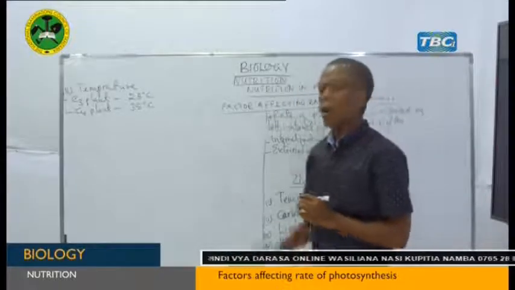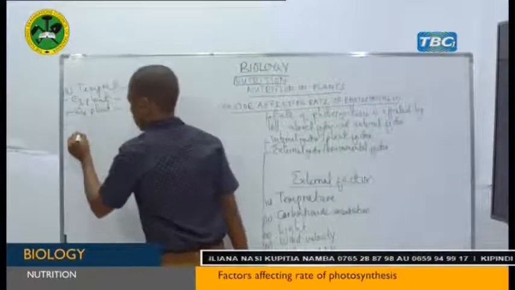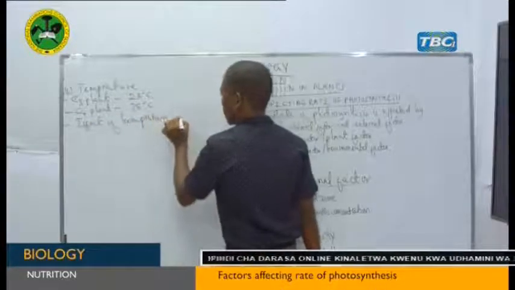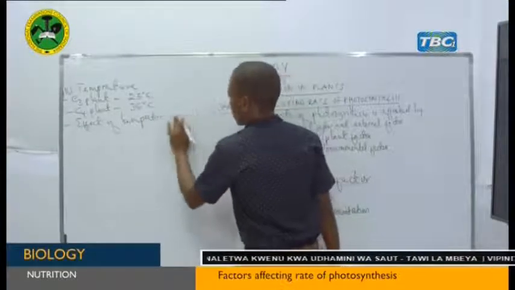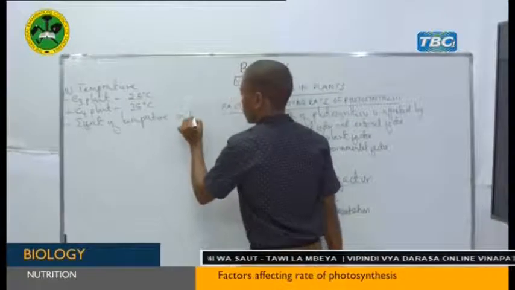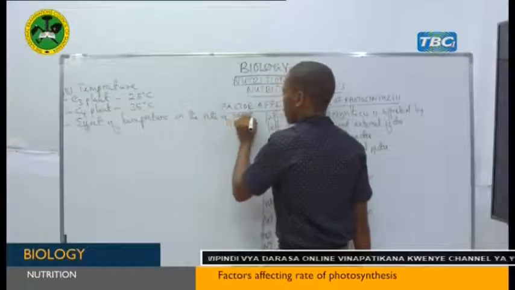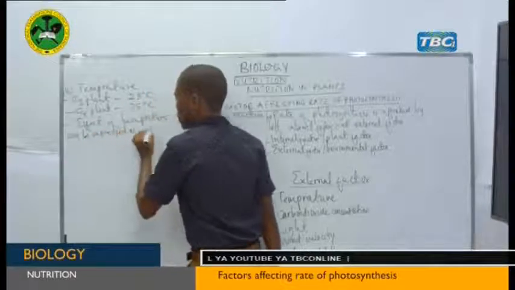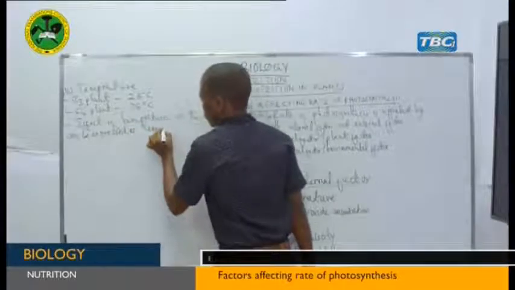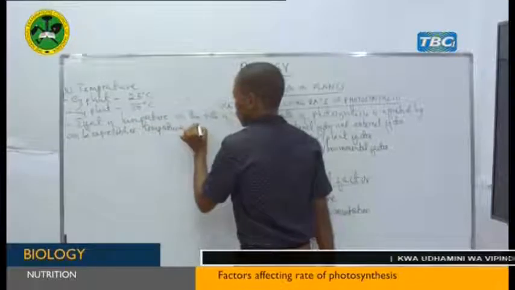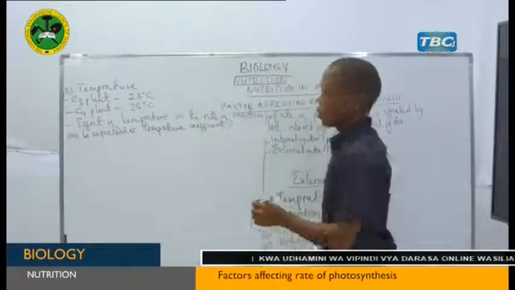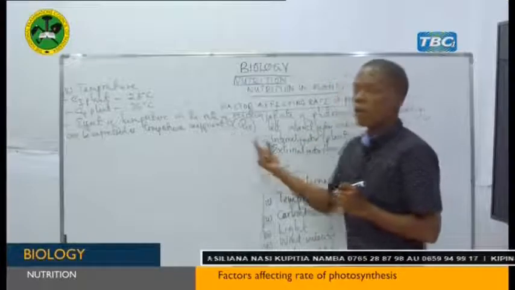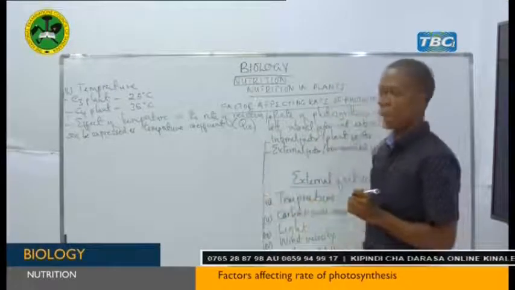Temperature coefficient, or simply we call it Q10. From the concept of cytology, this temperature coefficient has an effect on the rate of photosynthesis.